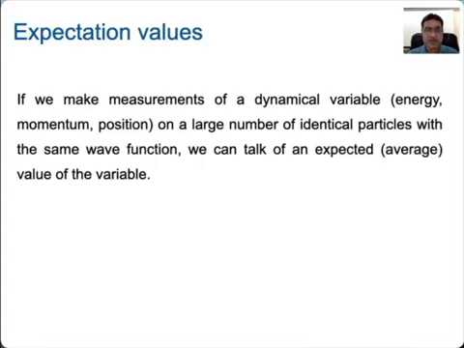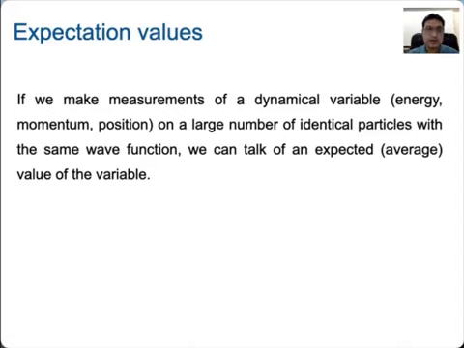Let's think that we make measurements of a dynamical variable, which can be energy, momentum, or position, on a large number of identical particles with the same wave function. Then we can talk of an expected or average value of the variable. That's what we have seen in one of the lectures, that when you do different kinds of measurements, you need to take an average value of a variable.